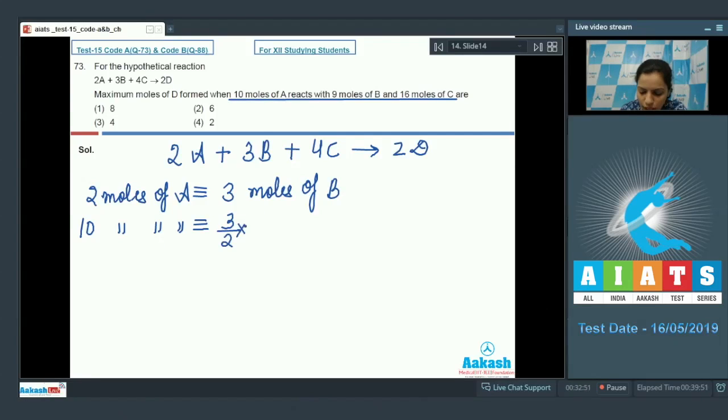These are 3 by 2 into 10, or it can also be written as 15 moles.